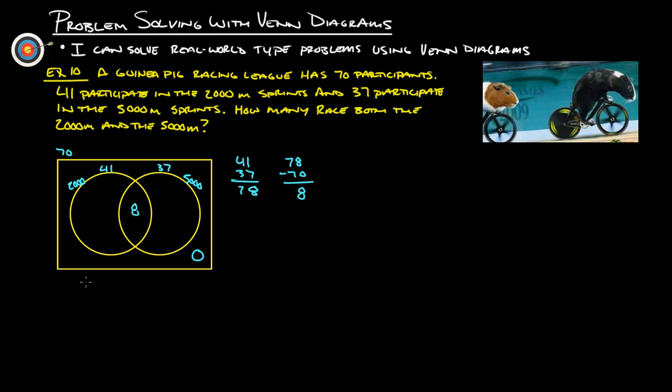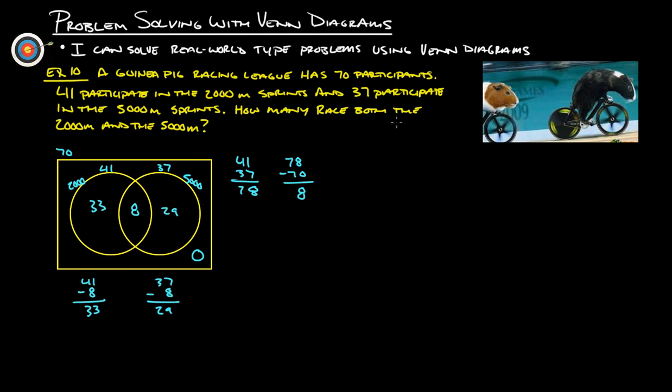Then 41 minus 8 gives us 33 that just do the 2,000, and 37 minus 8 gives us 29 that do just the 5,000.